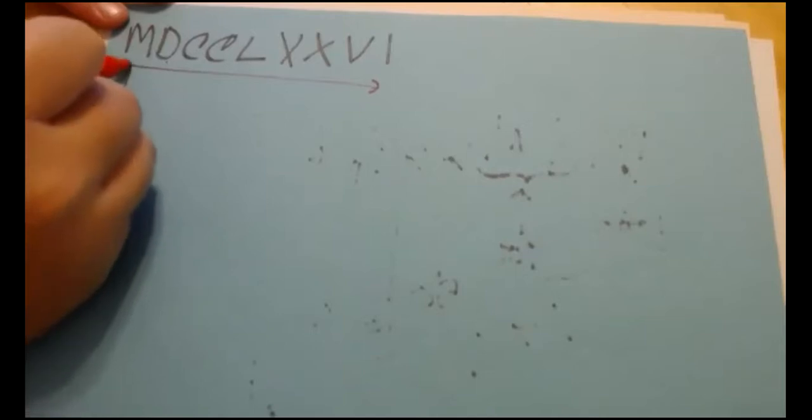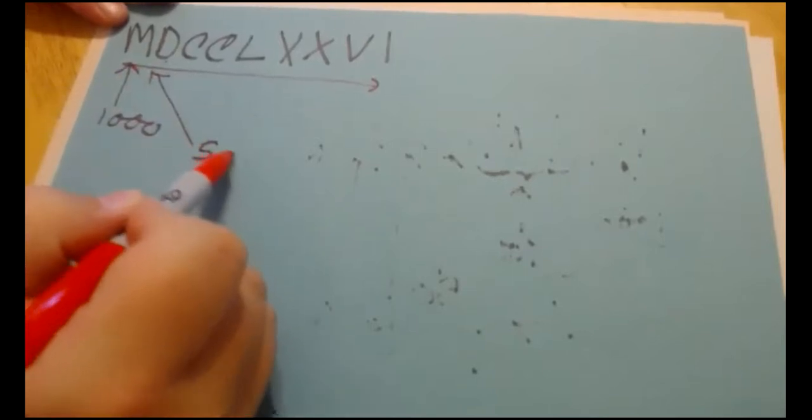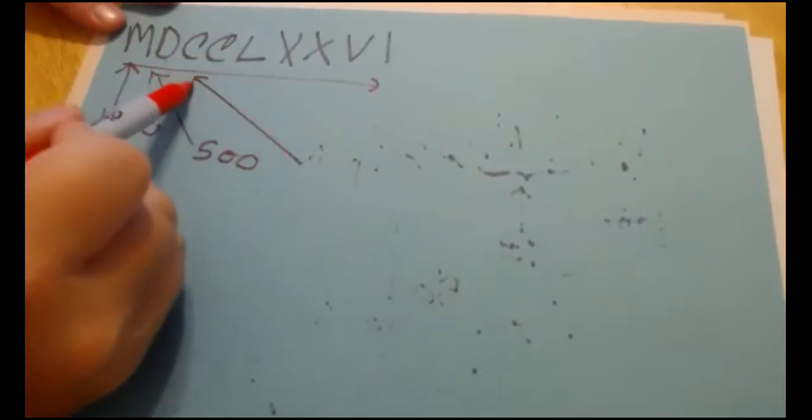So we're going from 1,000 to 500. That is a downward, so this is going to be 1,000. We have from 500 into a 100, so that is going to be a downward again, so that is 500. And then we have two that are equal, so I'm going to put them both.